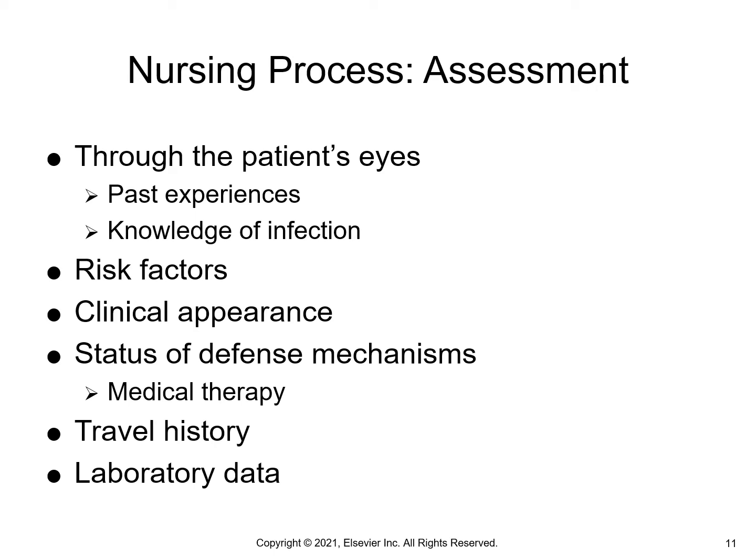So one of the first things you're asked to do when you're assessing is look through the patient's eyes, see how the patient feels about their illness, whether it's an infection or not. And especially with infection, you need to know how much the patient knows they're at risk for infection. Some patients with infections may have other problems adding to their comorbidities, and that will definitely increase their susceptibility and how much that infection can take a toll on them.